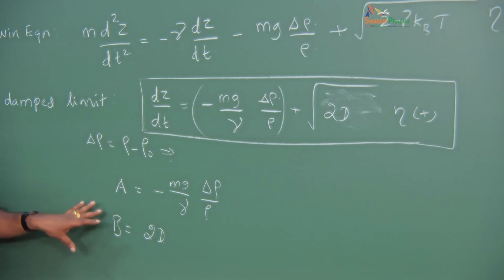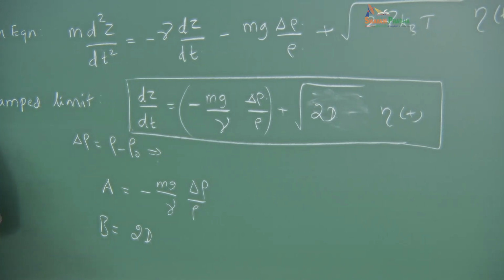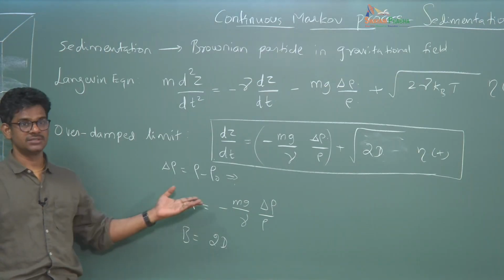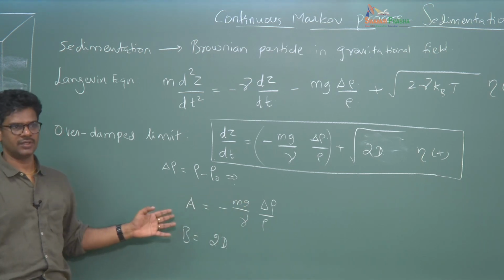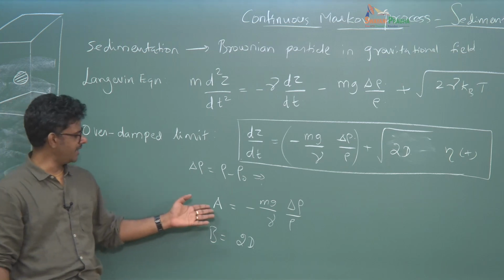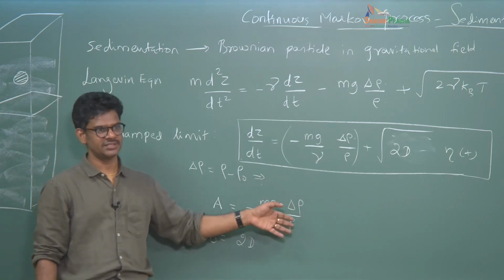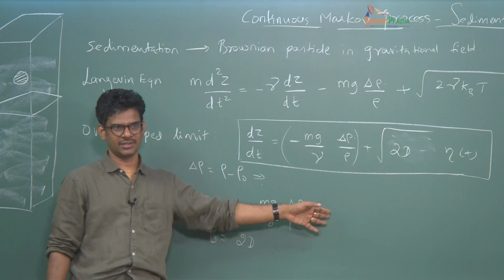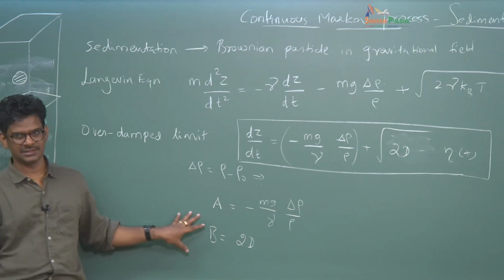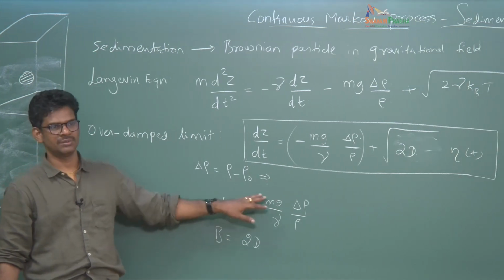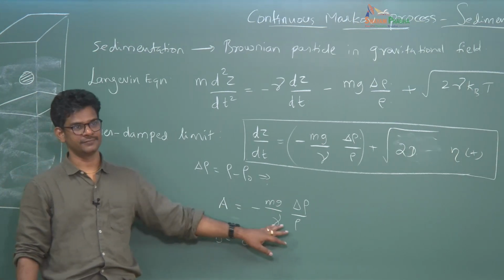Now you can see that for the Wiener process, A was 0 and B was 1. Then for the Ornstein-Uhlenbeck process, A was given as some minus constant times x, the random variable itself, and B was a constant. So here we have a third case where both A and B are constants and A is negative.